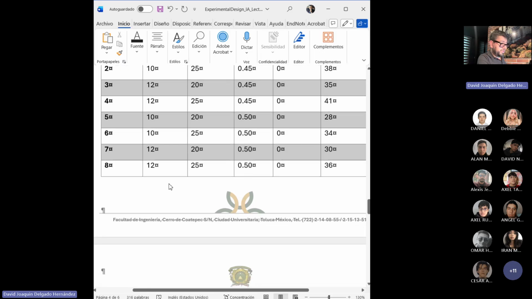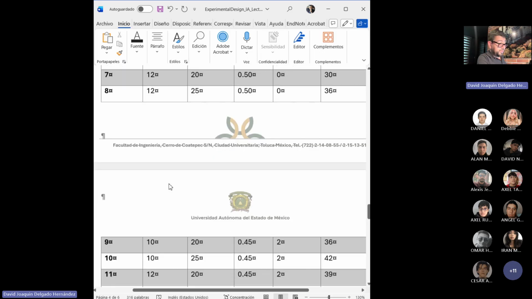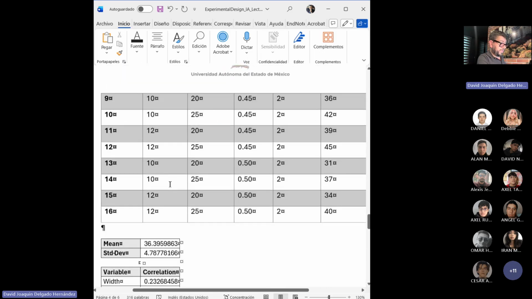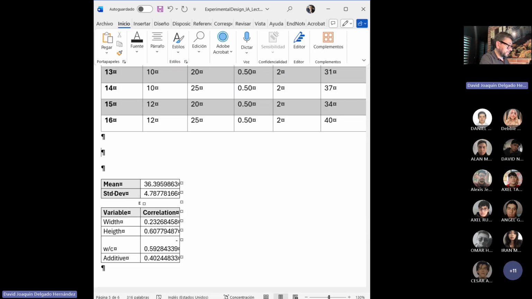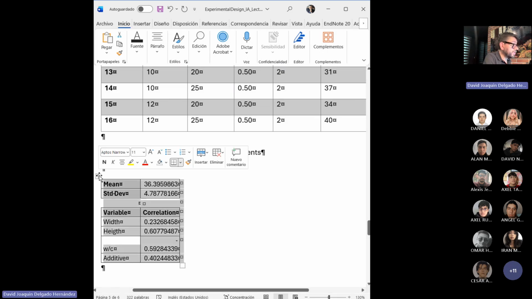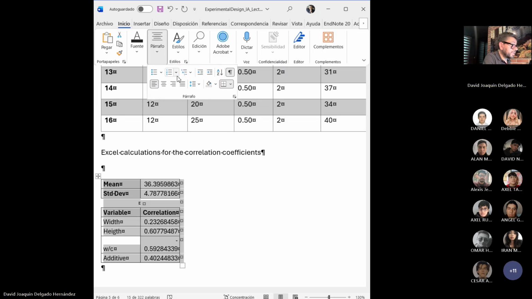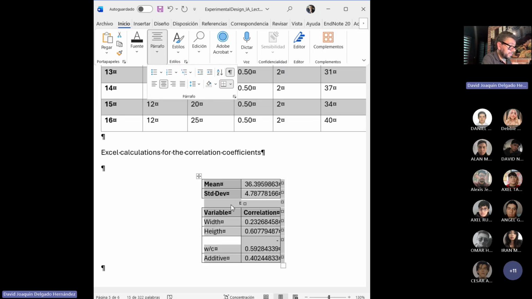So it is exactly the data that we put in the Excel file, but it is put here in the Word in order for you to keep this information fresh. And these are the Excel file calculations for the correlation coefficients. So here is the thing that we estimated in the Excel file, okay?